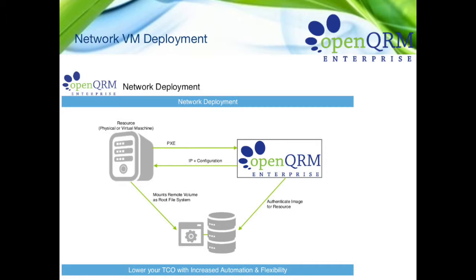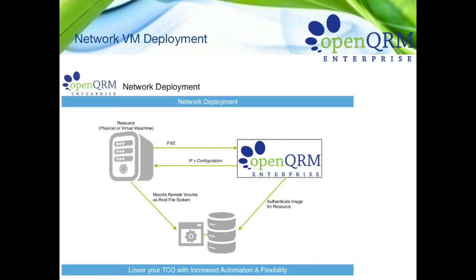openQRM answers this request with an IP address, a kernel file, and an init file, which is completely modular and pulls further configuration information from openQRM during the initial boot stage of the init. So this all happens before the actual operating system image, on your locally installed physical or virtual system, very early in the kernel boot phase. openQRM then authenticates it, goes through an API of the storage, and authenticates the image for the resource.